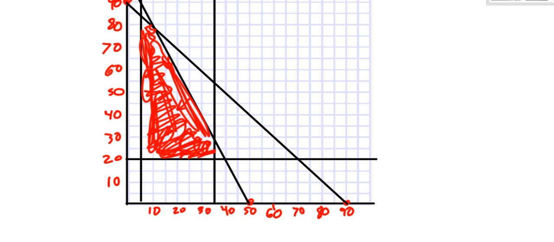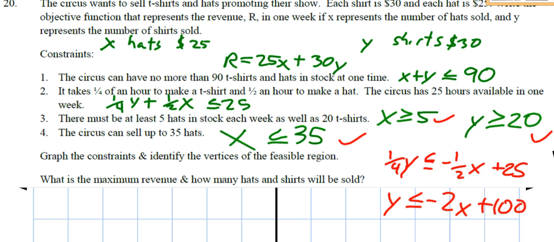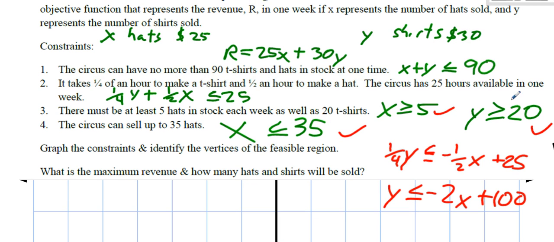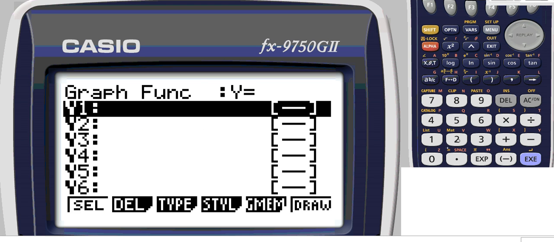So we need all the vertices. There's an easy one, there's an easy one. That one's not so easy. So we need all those vertices. An easy way to get all those vertices, if your sketch isn't quite clear, is use your graphing calculator. We're going to graph y is greater than or equal to 20. Y, we're going to graph 20.